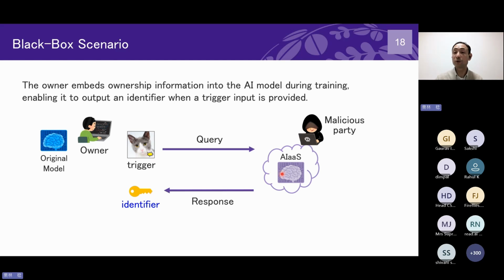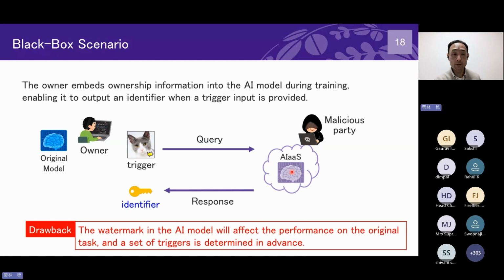So the AI model will output some irregular output. The irregular output is related to the identifier. If the irregular output is observed from the response, the owner can be convinced the model is a stolen one.